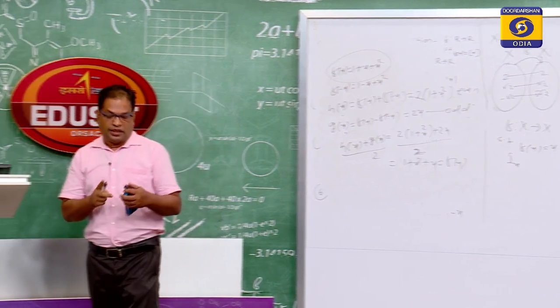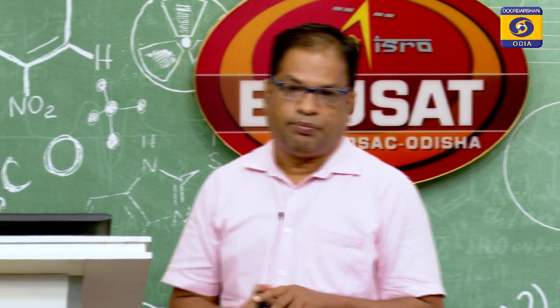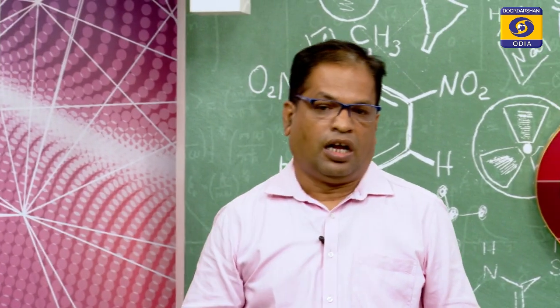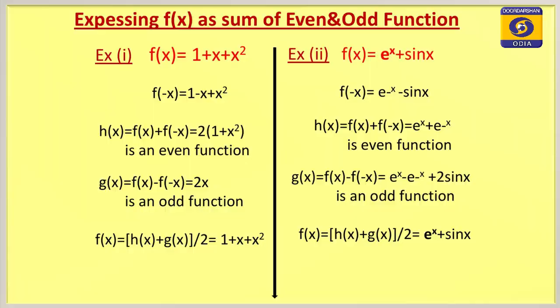So, what is the next example? It was f(x) is equal to e to the power x plus sin x, and you see the screen, f of minus x is equal to e to the power minus x minus sin x. From that you can calculate h(x) is equal to f(x) plus f of minus x, that is e to the power x plus e to the power minus x, which is an even function.